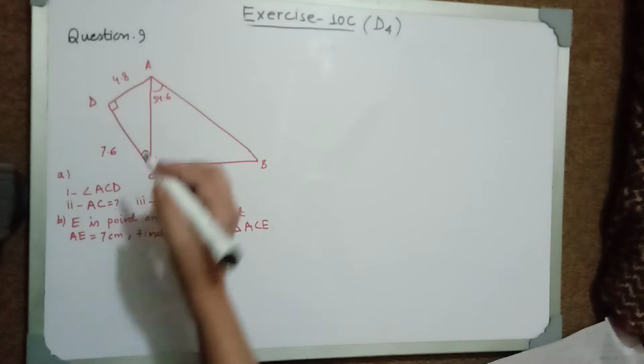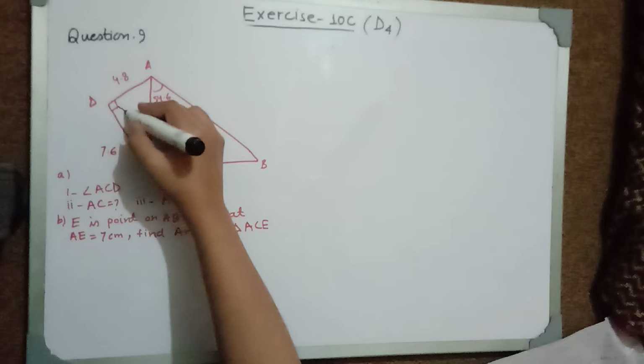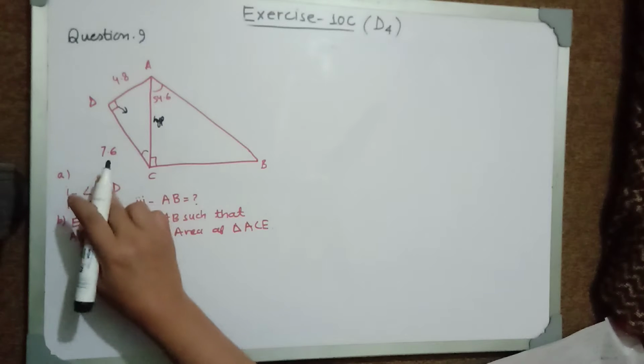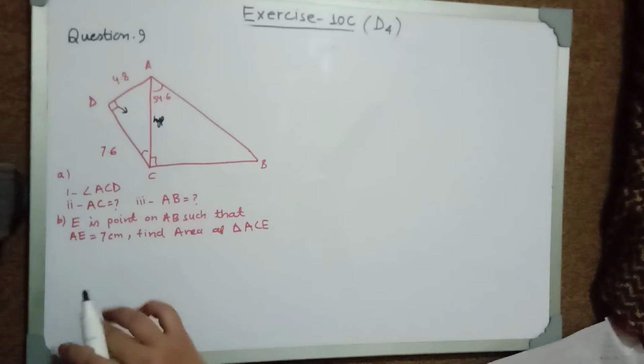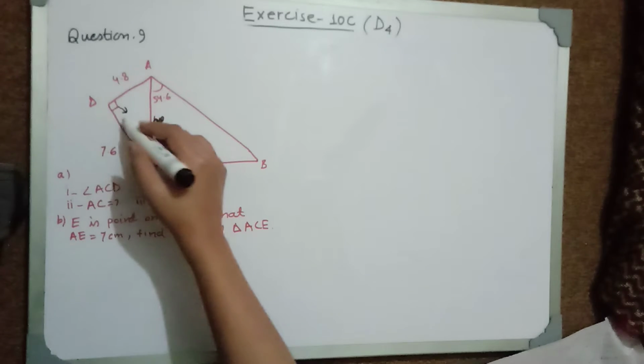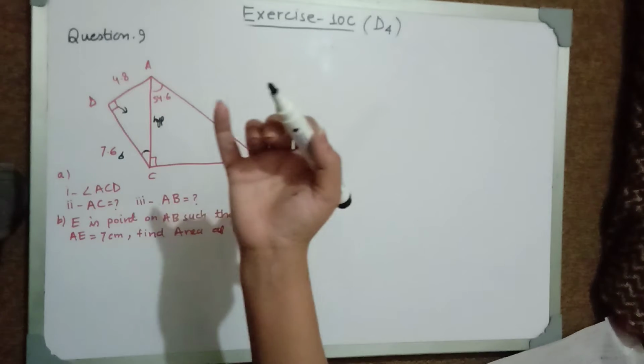First of all, you need to understand that in a right angle triangle, the side opposite to the right angle is the hypotenuse. For this triangle, we are finding it for triangle ACD. The side which contains the angle that we are finding and the right angle is called base or adjacent, whatever you want to name it.